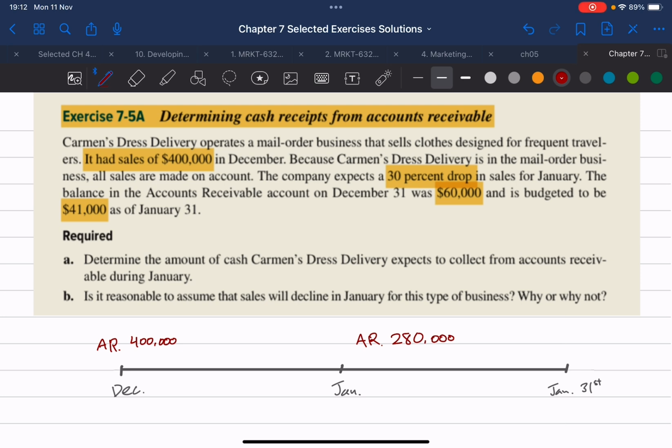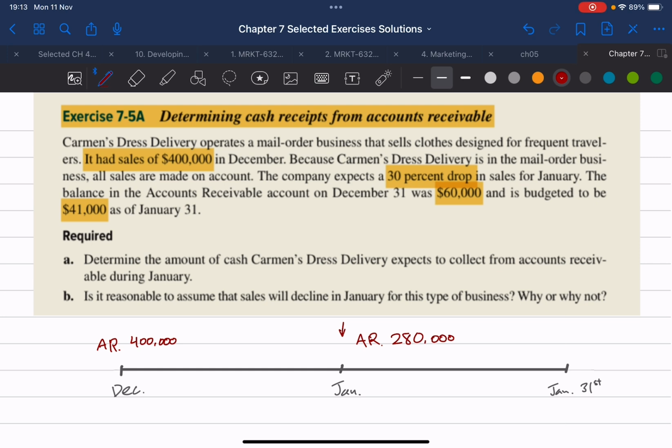And then we have the balance. It says that all sales are made on account. The company expects a 30% drop in sales for January. The balance in the accounts receivable account on December 31st, meaning right here at the end of December, is going to be 60,000, right?